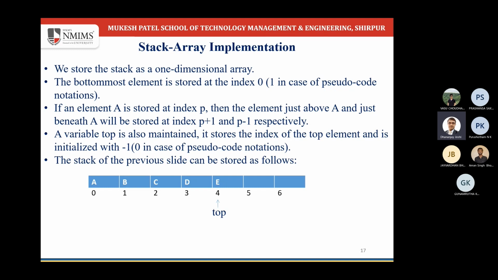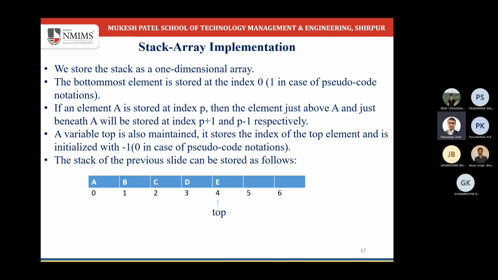Again, we need to maintain a variable named top, which will store the index of the top element. In the implementation, we will initialize this variable top with -1. Why -1? If we initialize top with 0, and we do have an element at index 0, it will signify that there is one element present at index 0.